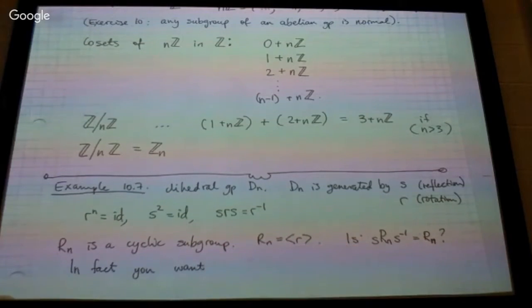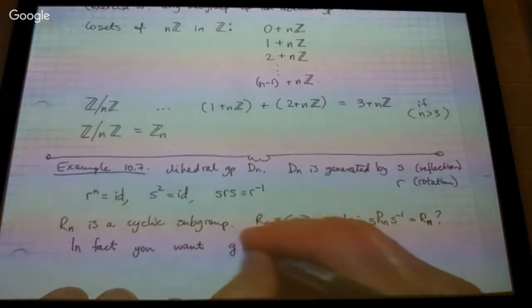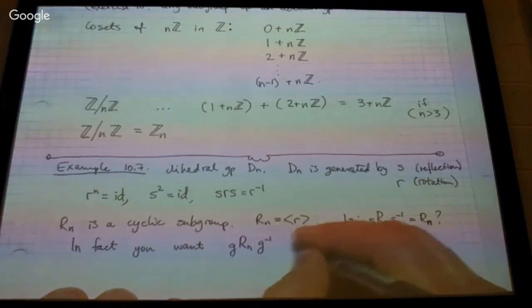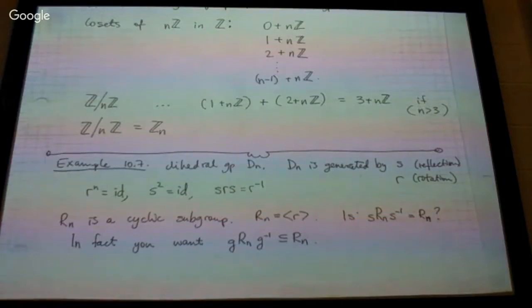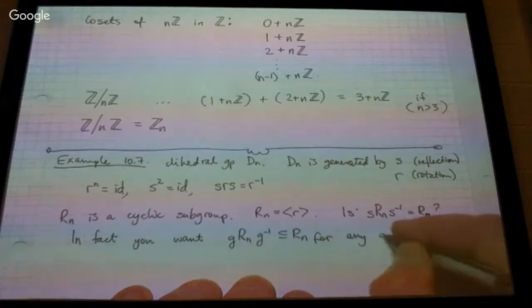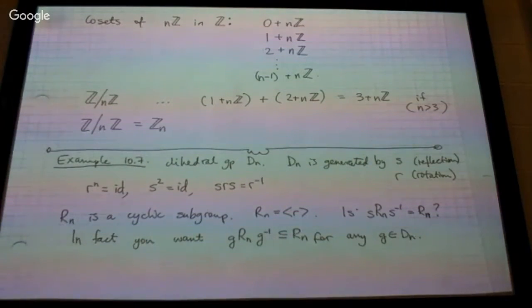Okay, so in fact, I'll be more precise then. If you want to show that Rn is a normal subgroup, you want that if you do G, Rn, G inverse, then you always get something that is a rotation, for any G in the group.